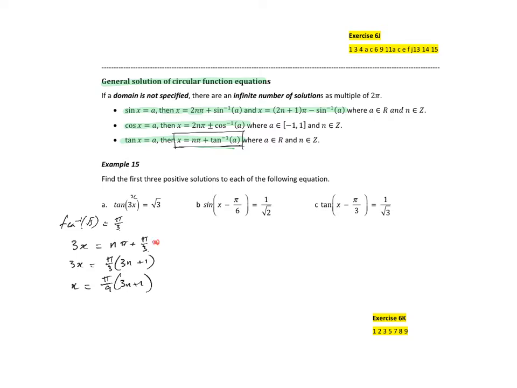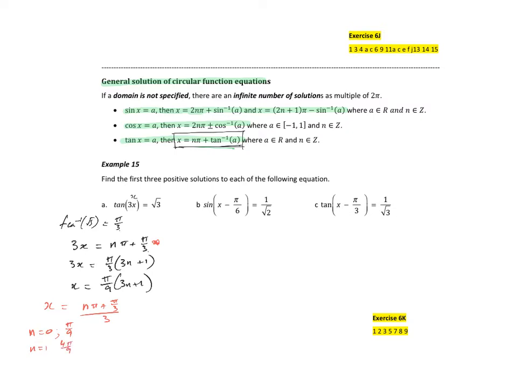if you just want to get some answers, we put that x is equal to (n pi plus pi on 3) over 3. If I put n equal to 0, I get pi on 3 over 3, which is pi on 9. If n is equal to 1, I get pi plus pi on 3, which is 3 on 3 plus pi on 3, which is 4 on 3. 4 on 3 over 3 is 4 pi over 9.